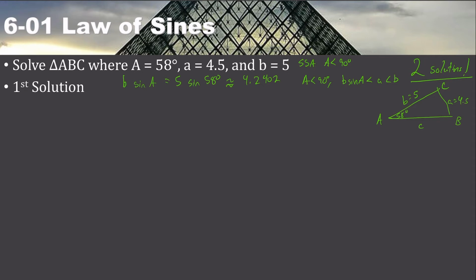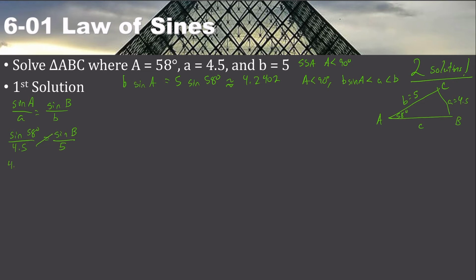All right, I know the A's and I know side b, so let's start by finding angle B. So since I know the A's, it'll be sine A over a. I'm looking for B, so it'll be sine B over b. Angle A is 58 degrees. Side a is 4.5. I don't know angle B, but side b is 5.